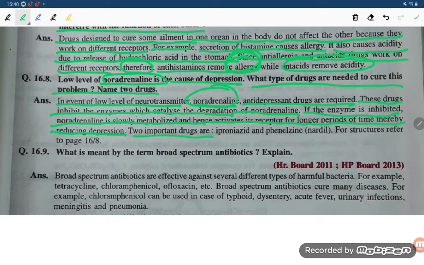Two important drugs are iproniazid and phenelzine, that is Nardil. So a low level of noradrenaline causes depression in human beings. To overcome this depression, we need to supply antidepressant drugs like iproniazid and phenelzine.